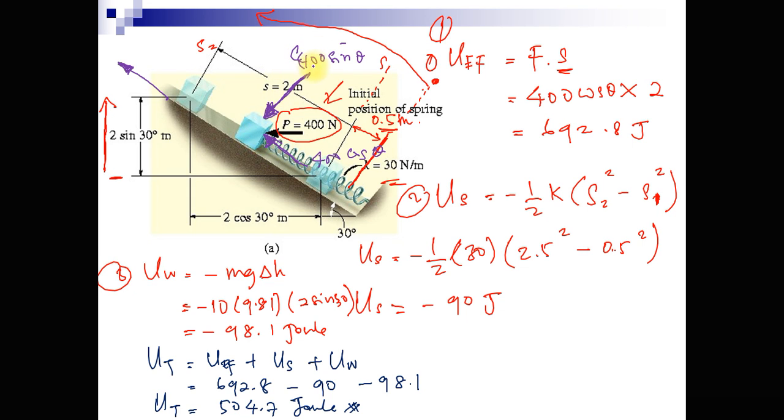This external force 400 sin theta, directed in this direction, will not bring any movement or motion along the axis perpendicular to the inclined plane. That is why it is not taken into consideration.